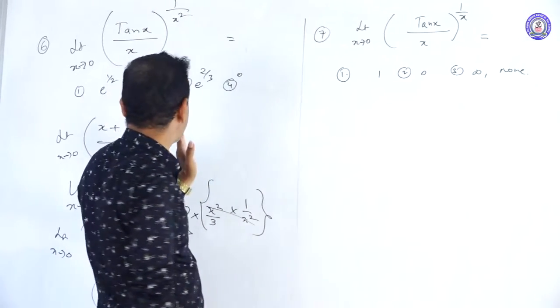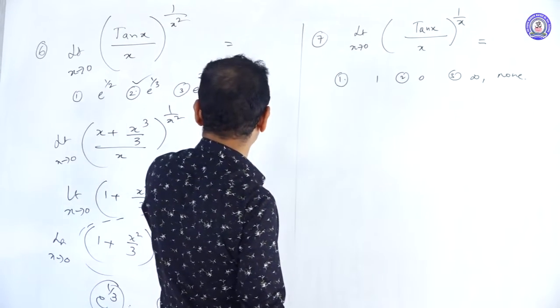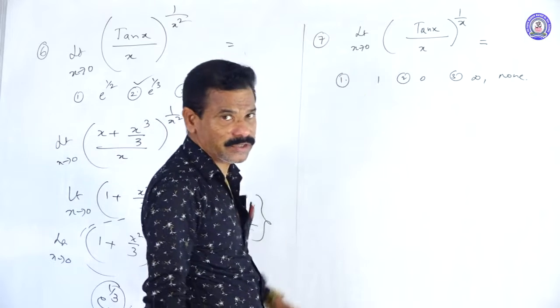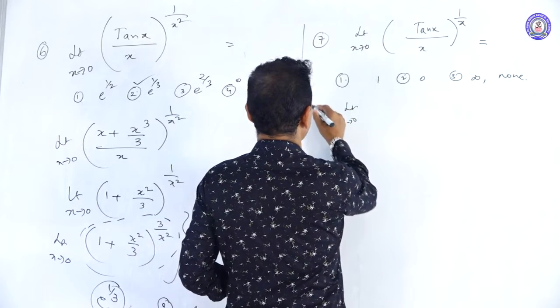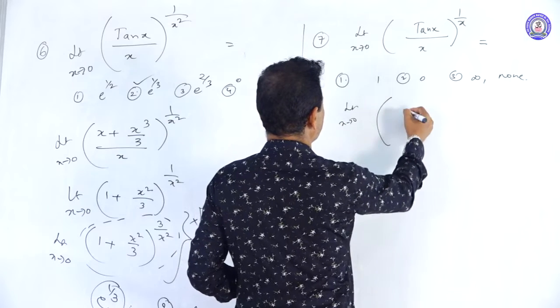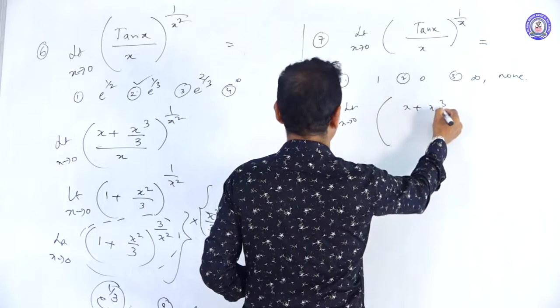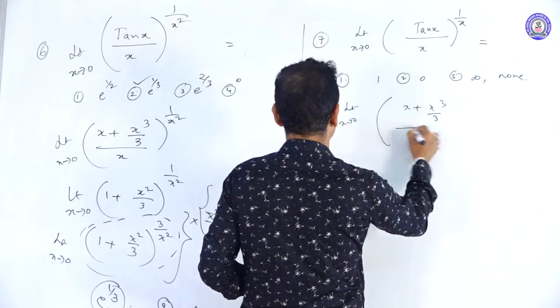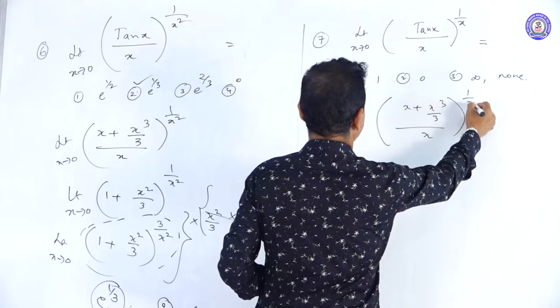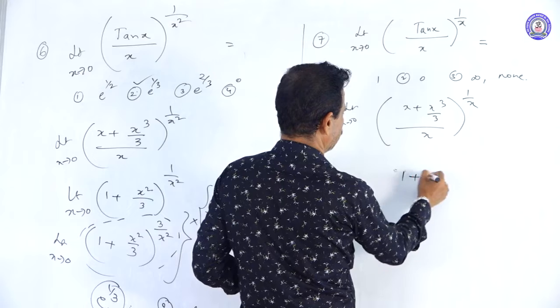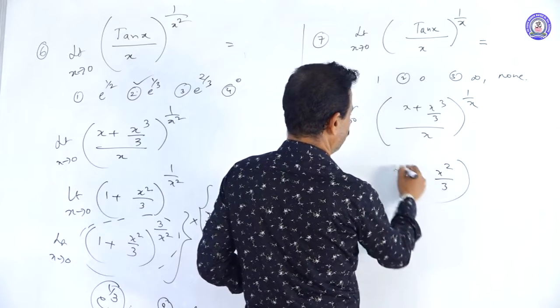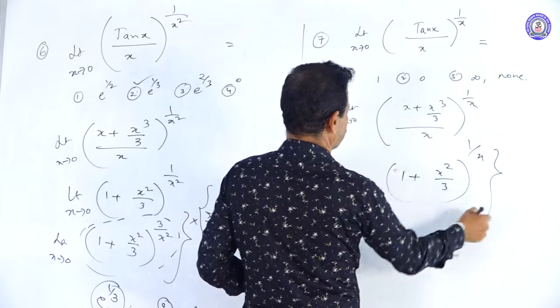Here also, similar to this problem, tan x by x is there, but here the power is 1 by x instead of 1 by x square. Limit x tends to 0. Here also we use x plus x cube by 3, the second term is enough, with power 1 by x. So dividing x by x, it is (1 plus x square by 3) power 1 by x.